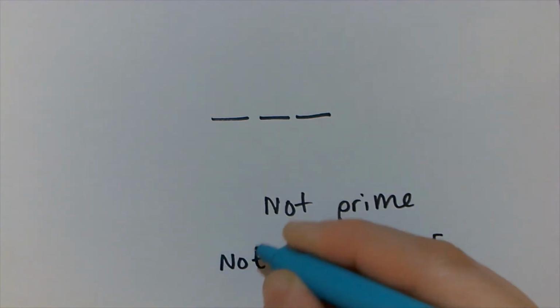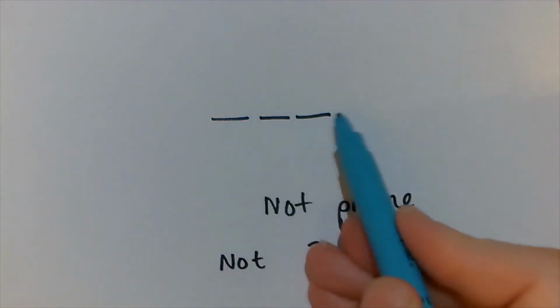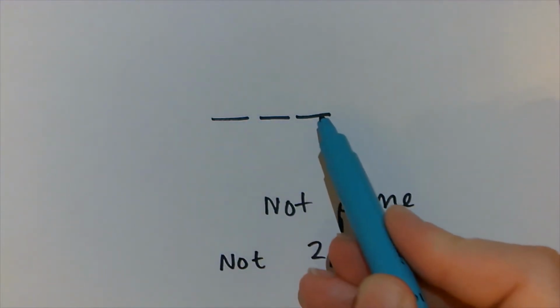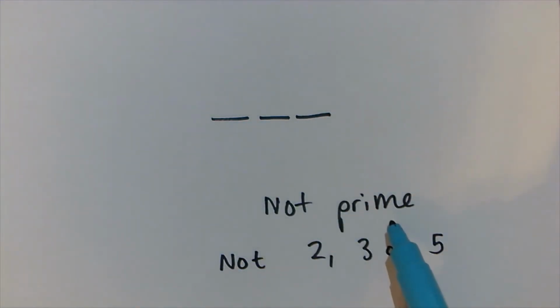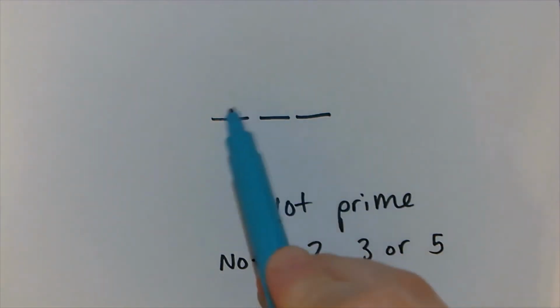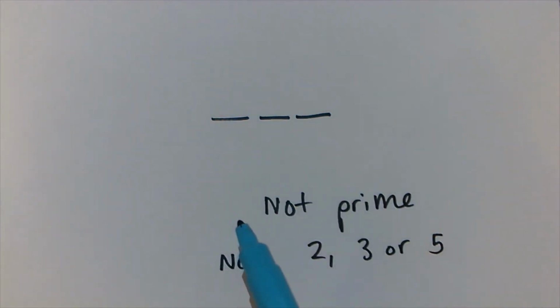So, what is the smallest 3-digit number that you can find, which is neither prime nor divisible by 2, 3 or 5. So hopefully you know your number facts and you can find me the smallest 3-digit number which satisfies all of these things. So press pause and have a go.